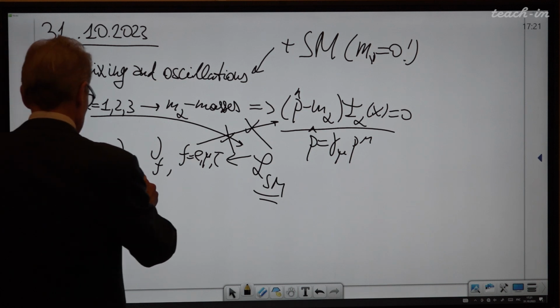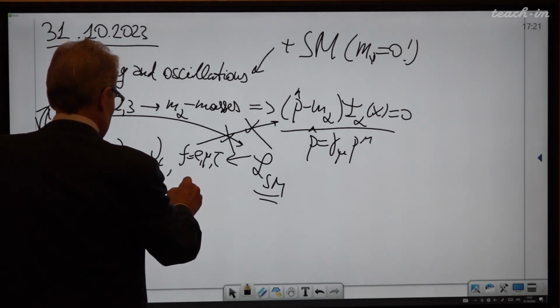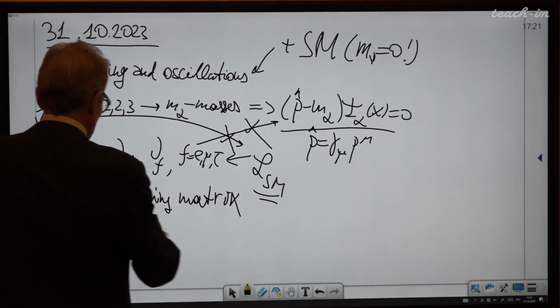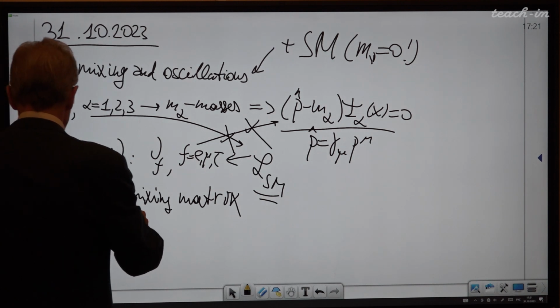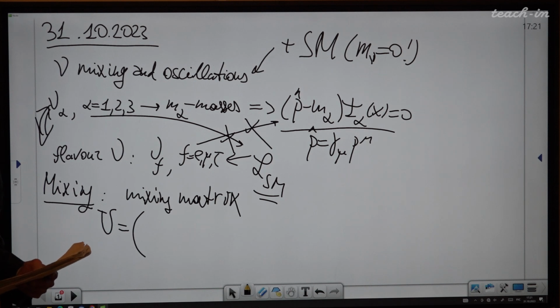We can introduce the mixing matrix U and parameterize it in the following way with only one free parameter.